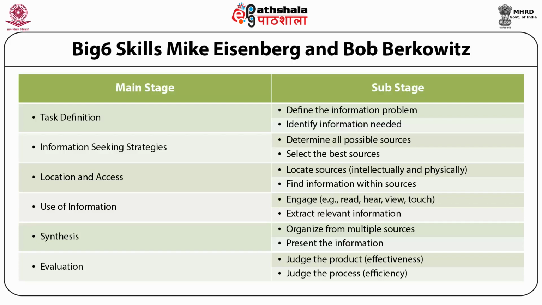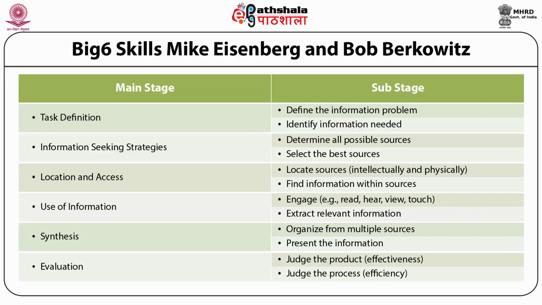The second stage, information seeking strategies, has two sub stages: determine all possible sources and select the best sources. The third stage is locate and access. It has two sub stages: locate sources intellectually and physically, and the second one is find information within sources.